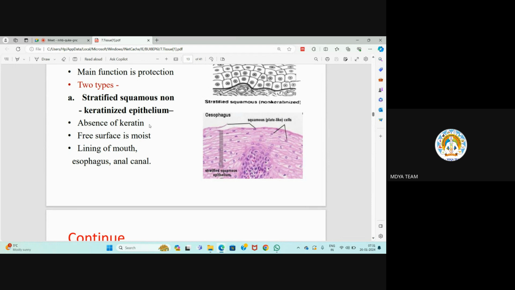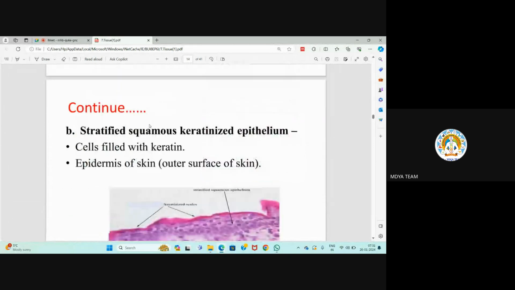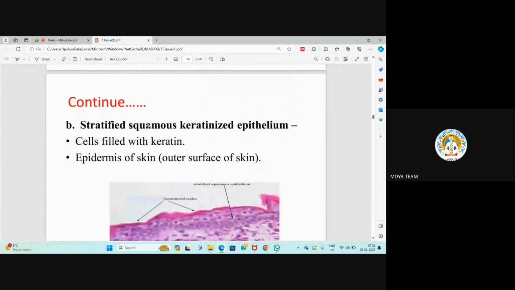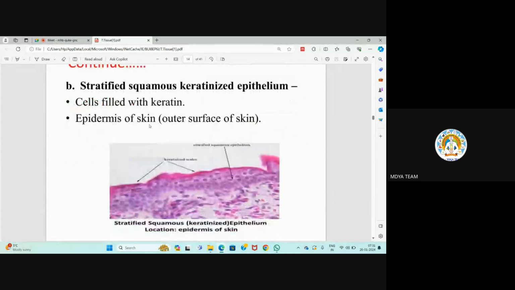So, two types of squamous stratified epithelium: keratinized and non-keratinized. In keratinized, cells are filled with keratin, and it is present in the epidermis of skin, that is the outer layer of skin.